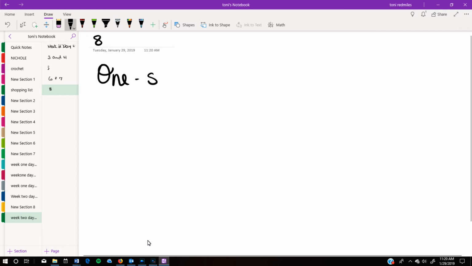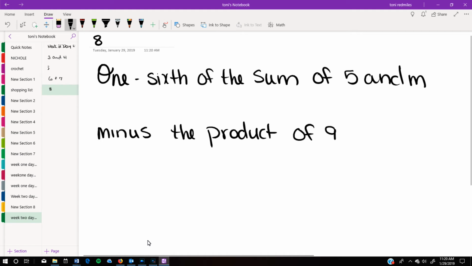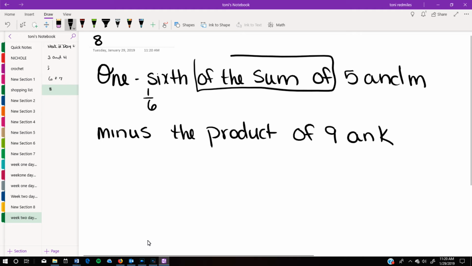One sixth of the sum of 5 and m minus the product of 9 and k. Okay, so I know that 1/6 is a fraction. Of means multiplication.